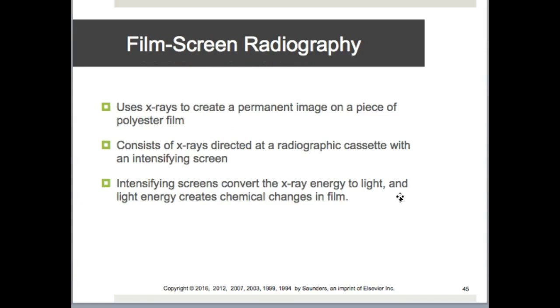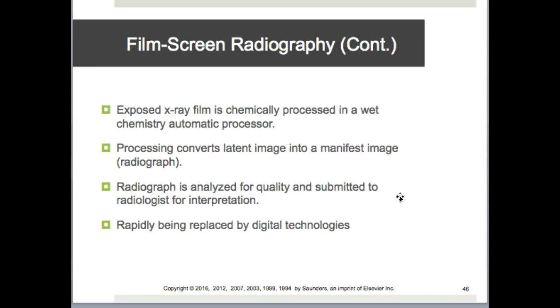With film screen, X-rays create a permanent image on a piece of polyester. It consists of X-rays directed at a radiographic cassette, and within that cassette there are intensifying screens. The intensifying screens convert the X-ray energy to light, and the light energy creates a chemical change in the film. The exposed X-ray film is chemically processed with a wet chemistry automatic processor.